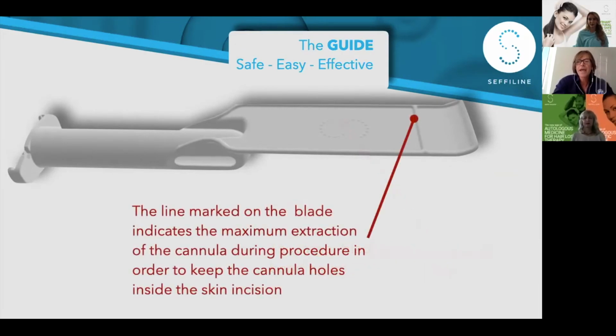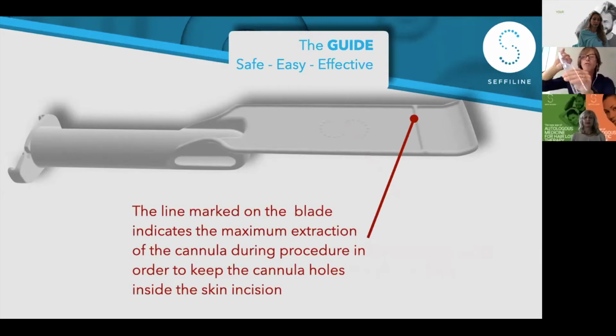The third upgrade in the guide is this line marked on the blade. This one indicates the maximum extraction of the cannula during the procedure, in order to keep the holes of the cannula inside the skin.